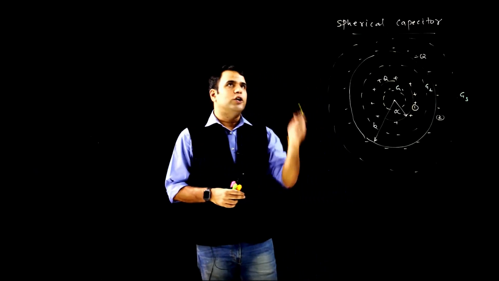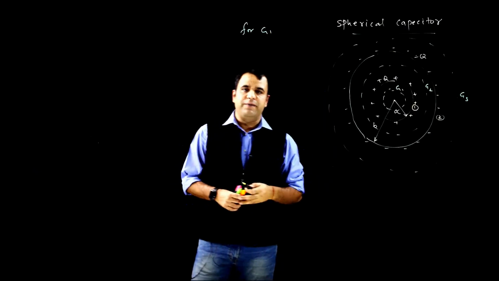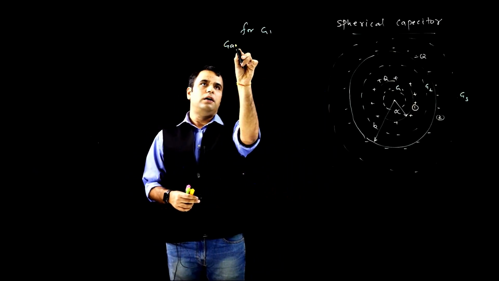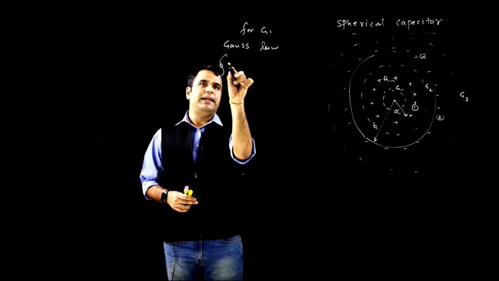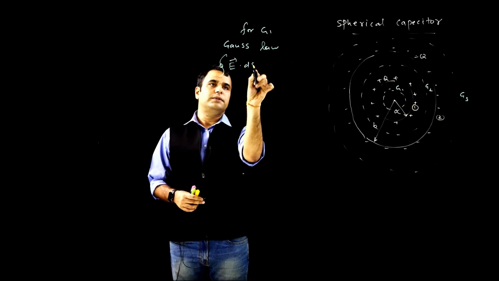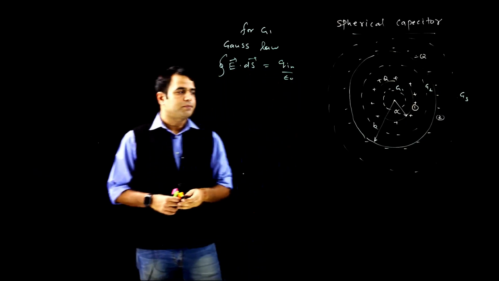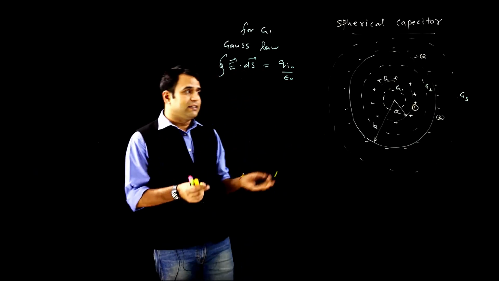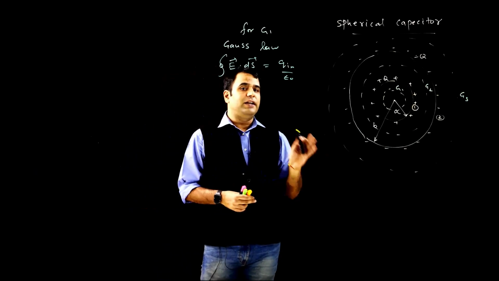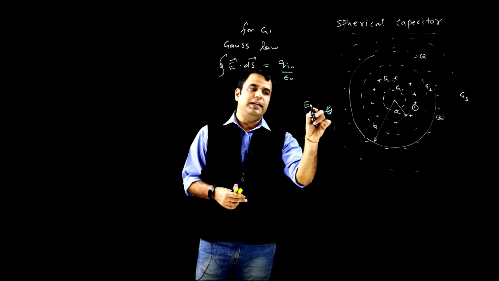For G1, Gaussian surface 1, if we apply Gauss law, it will be the integration of E dot dS equals q in upon epsilon naught. Since symmetry is there in all three Gaussian surfaces, we can safely assume that any electric field will be radial in nature.